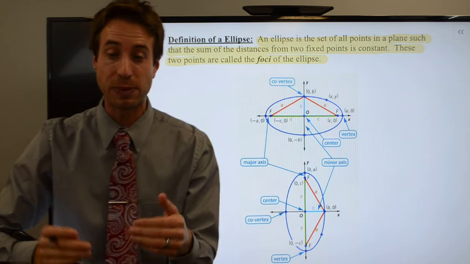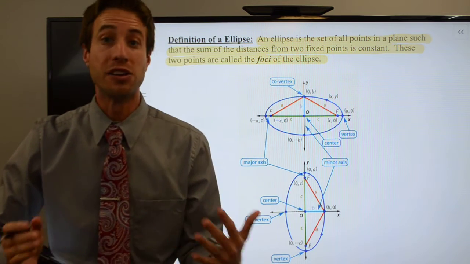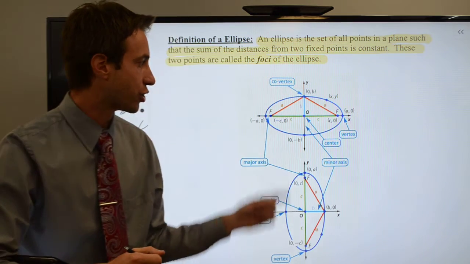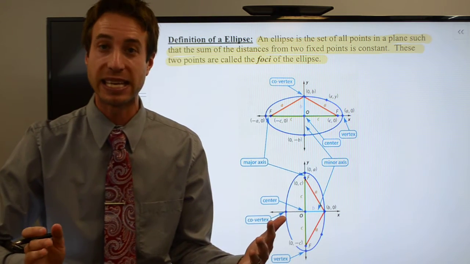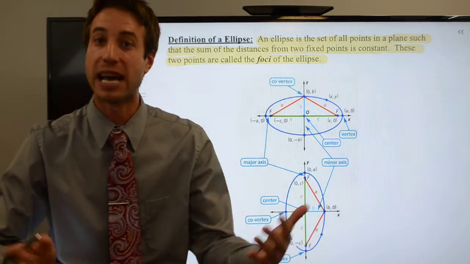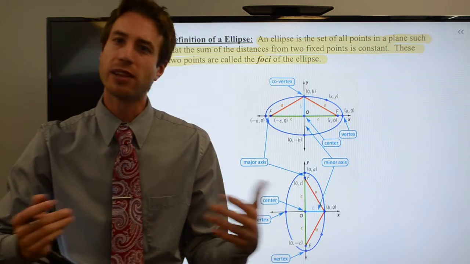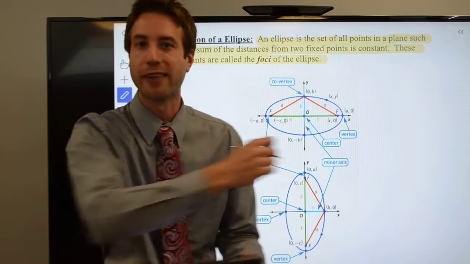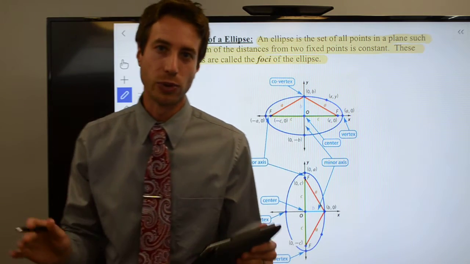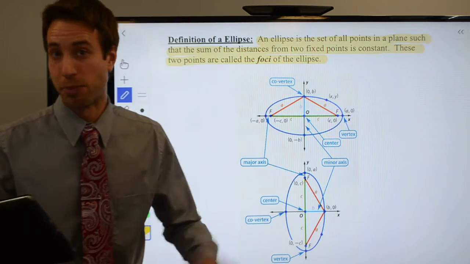The reason is that the length of the string never changes. It's like what I just described: the foci to one point plus the point to the other foci has to be the exact same distance. Imagine that distance was the length of your string. It will never change. So you pull it taut, trace around it with a pencil, and you get a perfect ellipse.